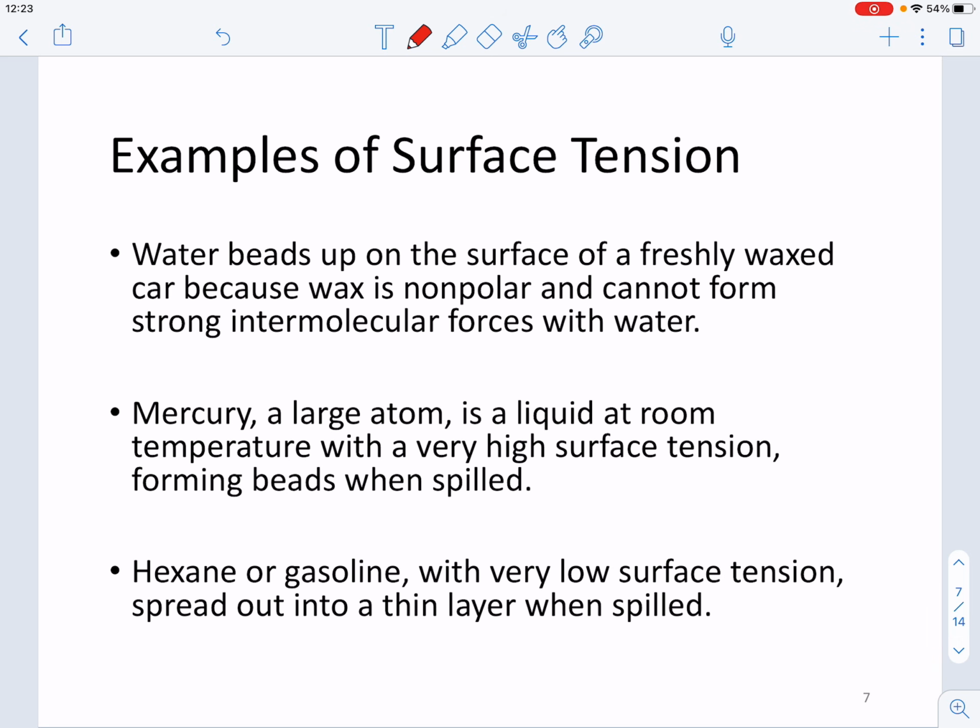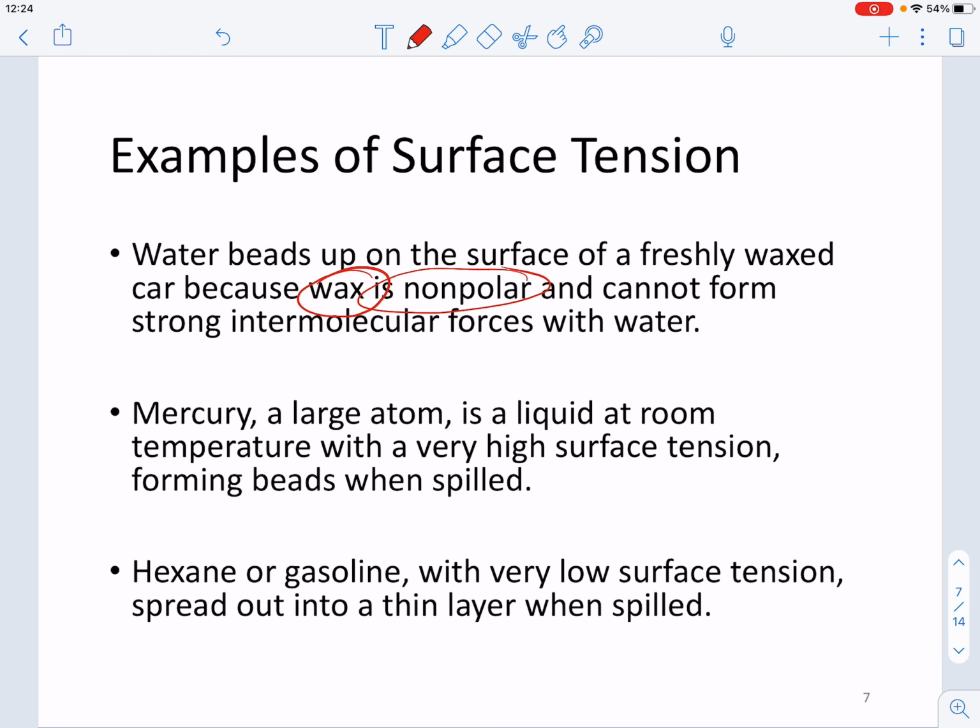So, if it's wax, because it's non-polar, there is no affinity. The water is polar, right? So, because there is not much affinity for that wax, the water will tend to be close to each other. They don't want to go anywhere but stay close to each other. Okay?